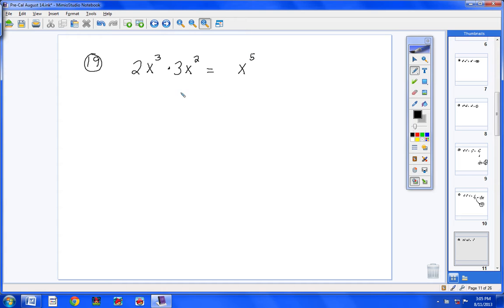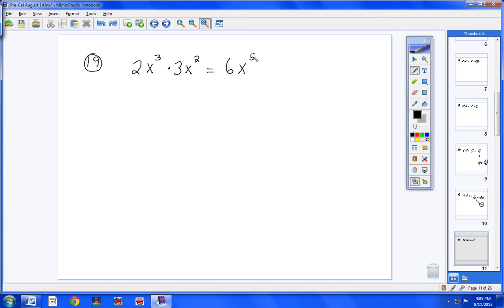Does everybody see that? Your x to the 3rd times x to the 2nd gives you x to the 5th. You add your exponents. But when you have a coefficient out front, like a 2, and a coefficient out front, like a 3, you do multiply those. So your answer would be 6x to the 5th.